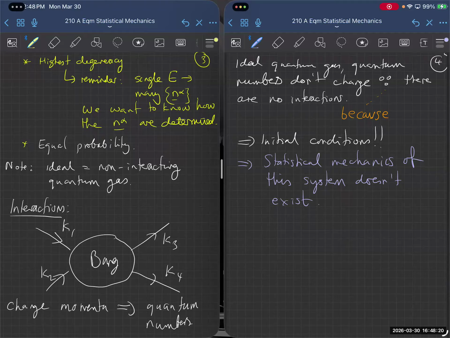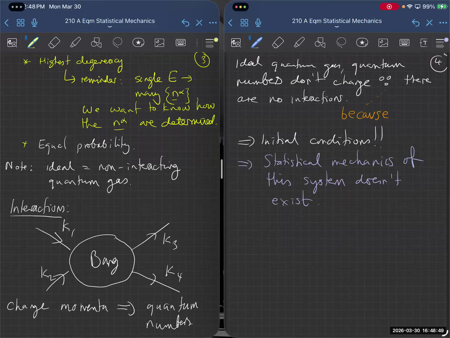Nothing actually happens here. So when we talk about an ideal system in statistical mechanics, what we're actually going to do is say the following. I'm going to allow the system to be ideal, but at the same time, I'm going to add a small energy of interaction to the Hamiltonian, and then I'm going to take the limit as that interaction energy goes to 0 and see what happens in that limit.